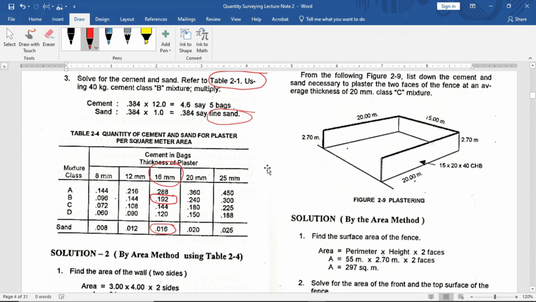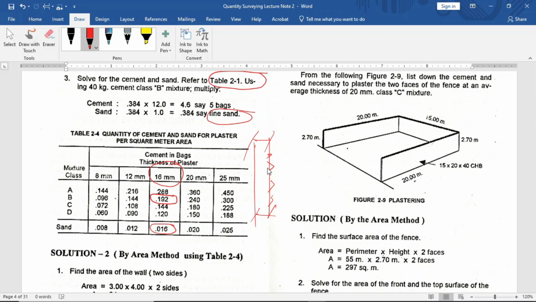Tapos yun na. Question. Ba't hindi po tayo gumagamit ng gravel sa plastering? Simple lang. Kasi pag nagpa-plaster tayo, dapat makinis yung plaster. Pag nilagyan natin ng gravel, ano sa tingin niyo mangyayari? Siyempre, hindi na magiging makinis yung plastering natin. Magkakaroon ng mga bulge yan. So, pag nagpa-plaster tayo, walang gravel.